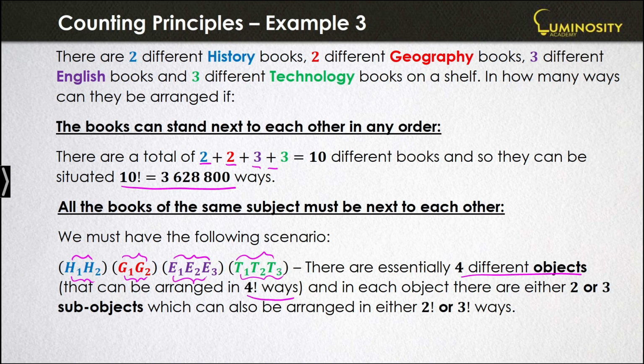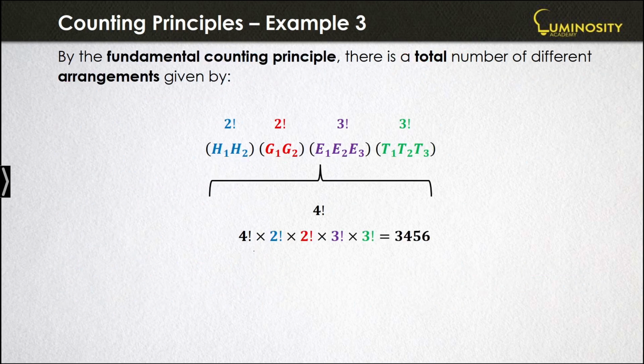For the first one, there are 2 factorial ways to arrange these 2 books in that one object, 2 factorial ways here, 3 factorial ways here, and 3 factorial ways here. By the fundamental counting principle, how many total different arrangements are there?